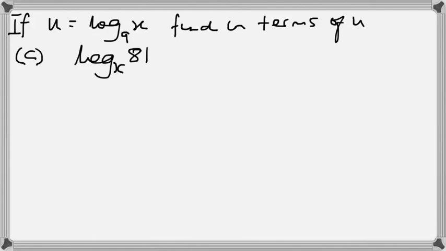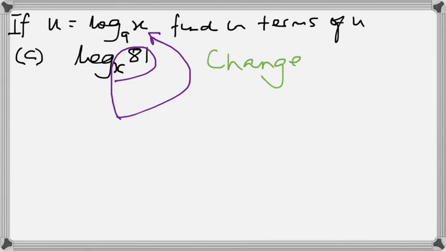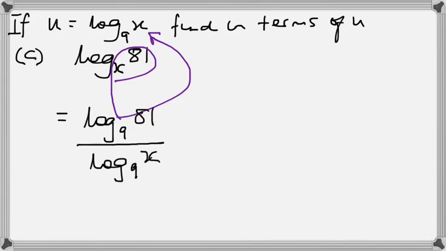So why don't I just change that into log of 81 to the base 9 over log of x to the base 9. That's right. Change of base. Yes, and there it is. Now, what is the log of 81 to the base of 9?